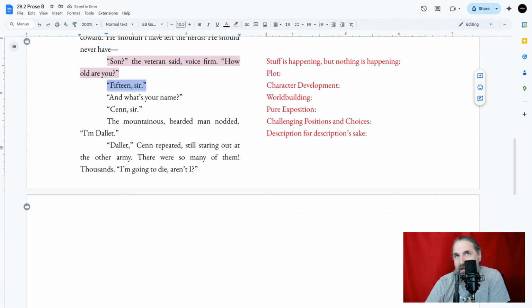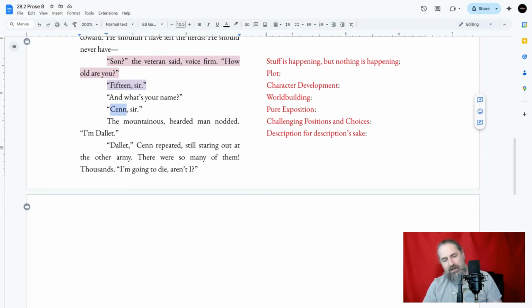Plot is being revealed that he's 15. He's a soldier. It's character development. How old is he? We have developed the character. The character is a 15-year-old man named Sen. Sen? I think it's Sen. I've listened to the audiobook, but my brain sometimes.